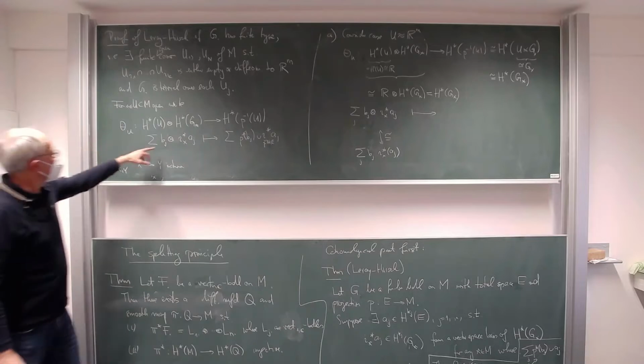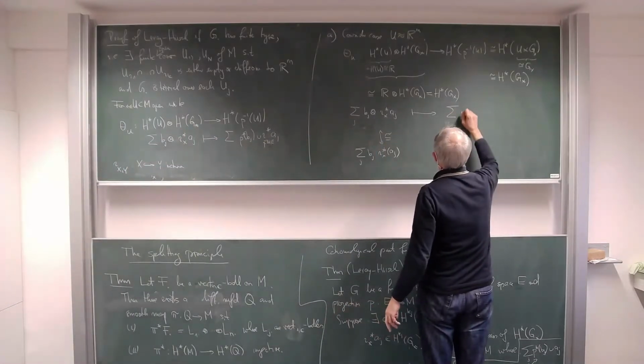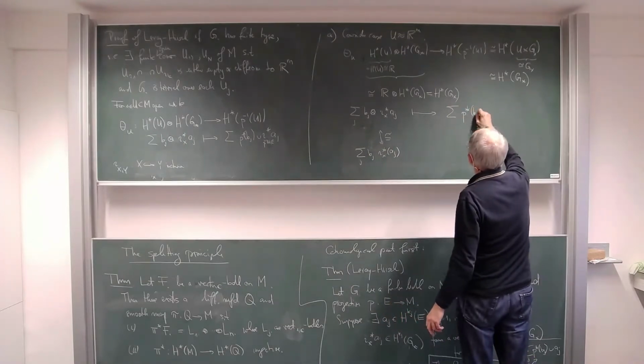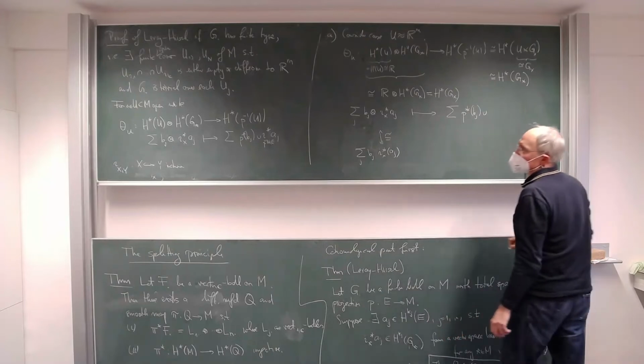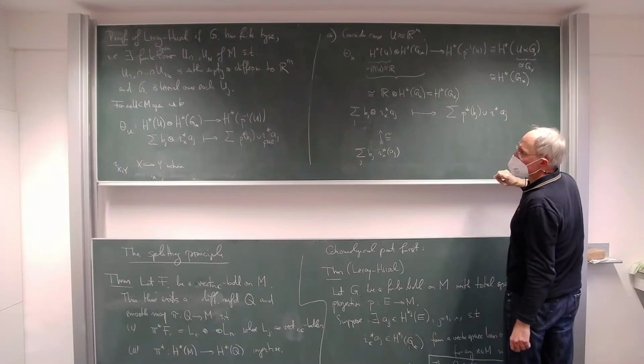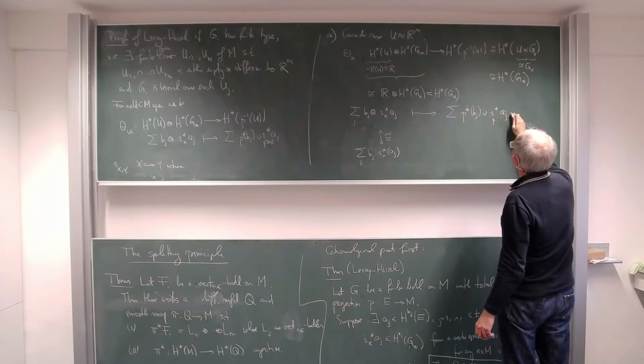And so this is getting mapped to what? To the sum of P star Bj cup product with I star Aj, where over here we have the inclusion of Aj to U.